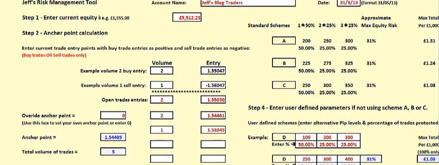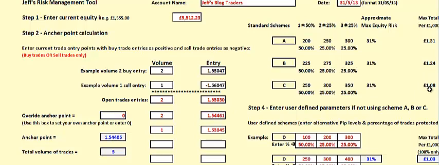We have a standard scheme B where the 50, 25, 25 stays the same as it does on C, but the number of pips away from the anchor point is different. And that means that we are taking slightly less risk overall, and therefore we can have slightly less money to use as volume for trading.